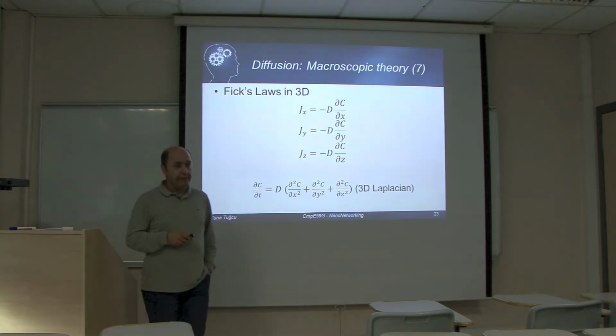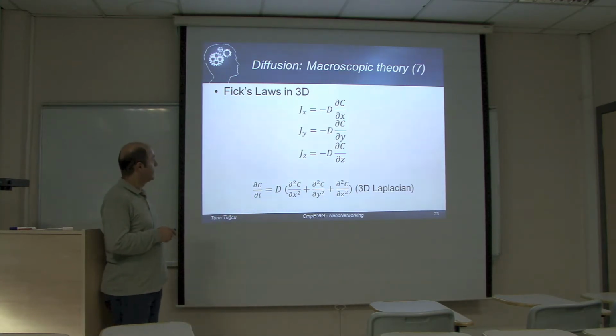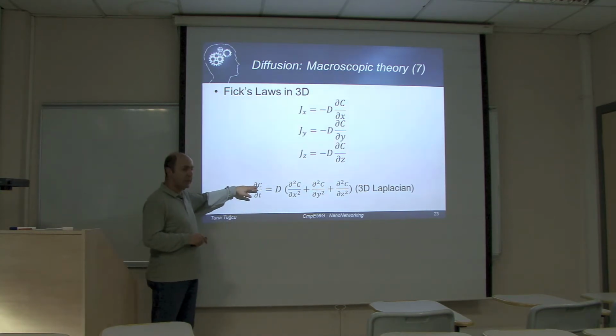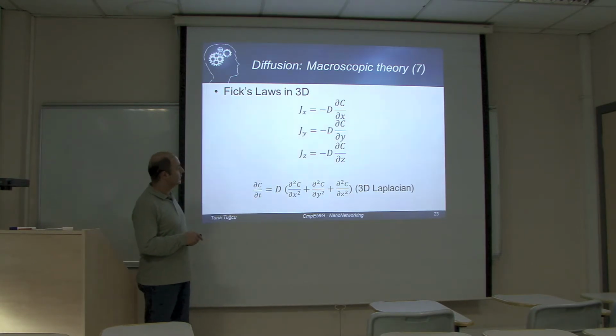If you look at Fick's law in 3 dimensions, then it's the same thing written 3 times. And you can formulate the partial derivative of the concentration with respect to time as a 3D Laplacian, as D times the second derivatives of c with respect to x, y, and z.